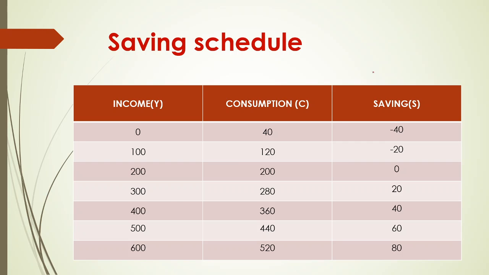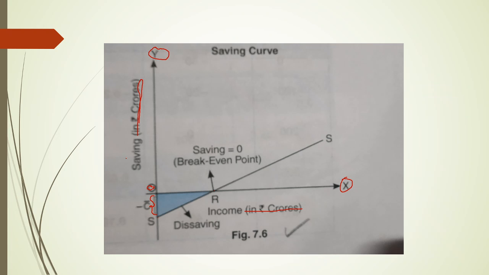Break-even point is indicated here, where income is equal to consumption and saving is 0. When saving is negative, it means that income is less than consumption, so there is dissaving.